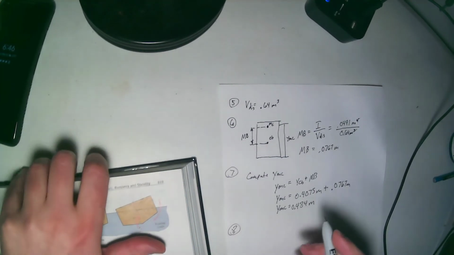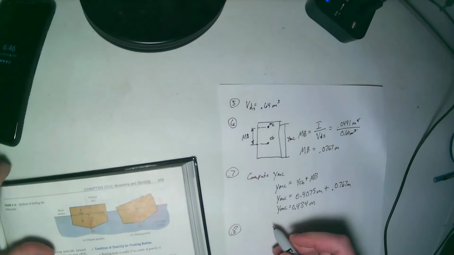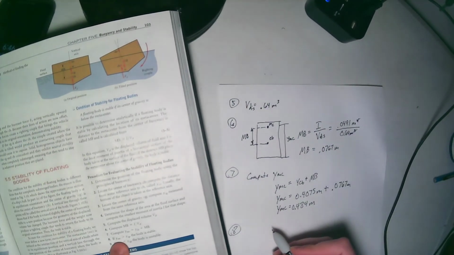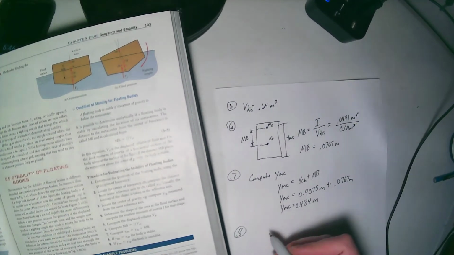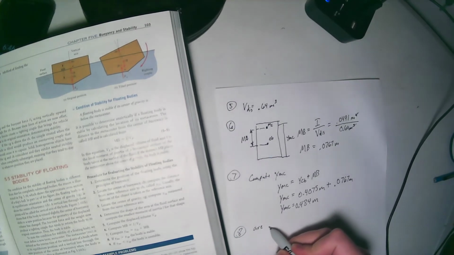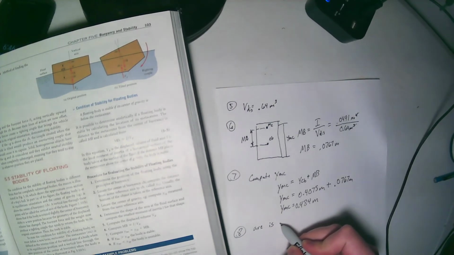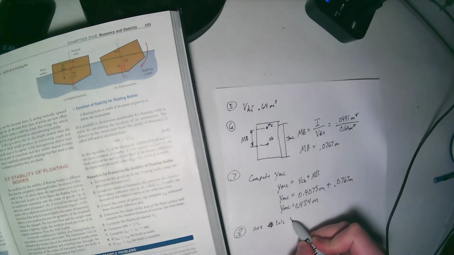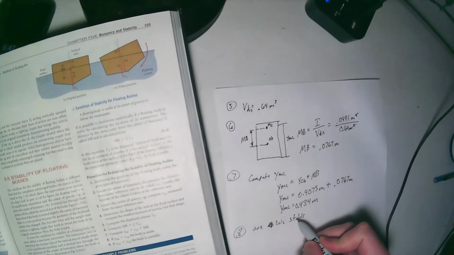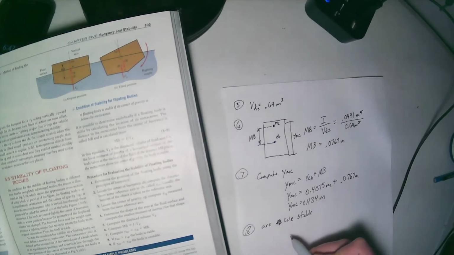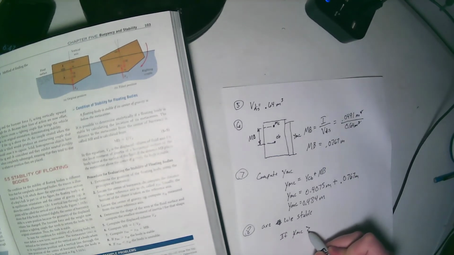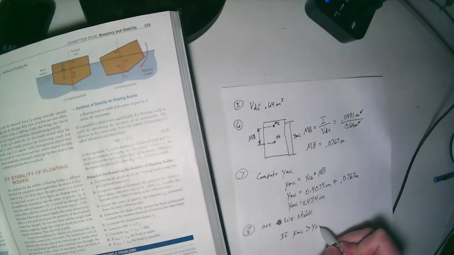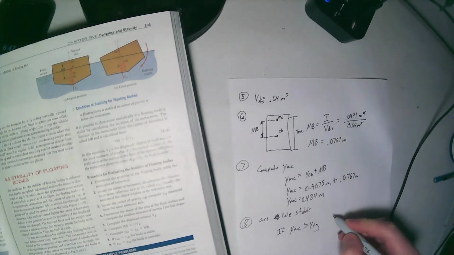Step 8. Basically, step 8 is what we were talking about initially. So, are we stable? Basically, is the next question. If YMC is greater than or equal to YCG, then stable.